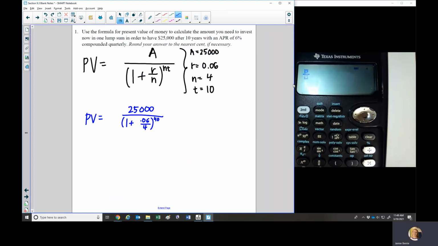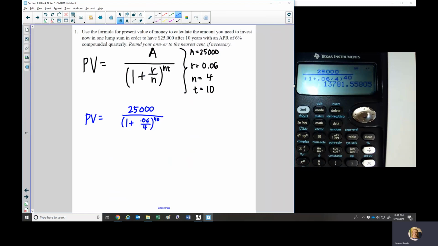All right, so 25,000 over parentheses 1 plus 0.06 over 4, close parentheses, raised to 4 times 10, which was 40. And there we go.